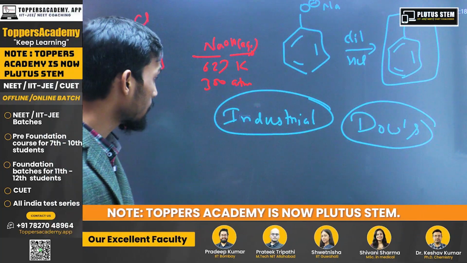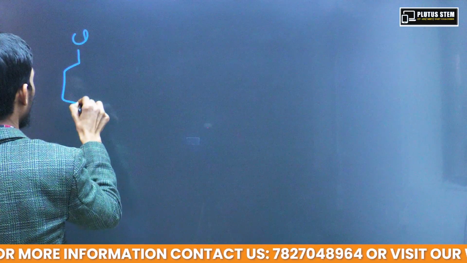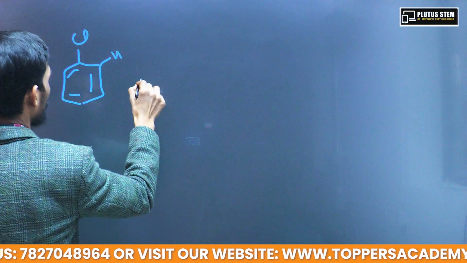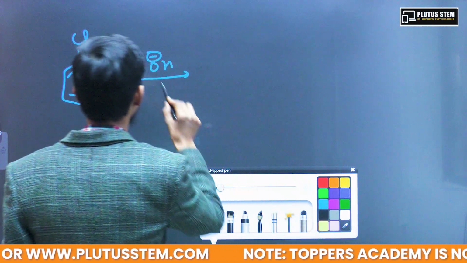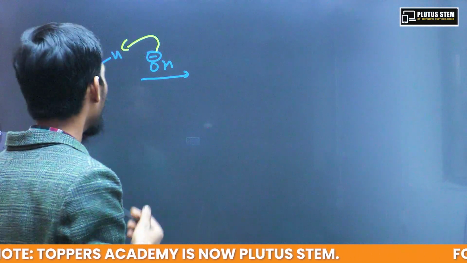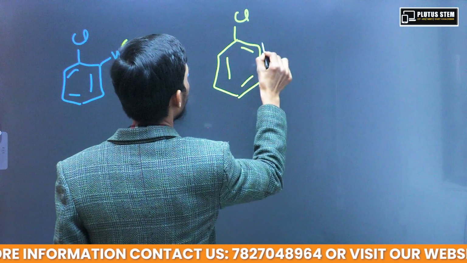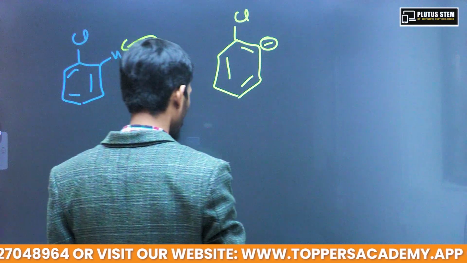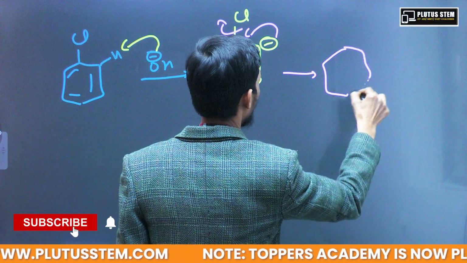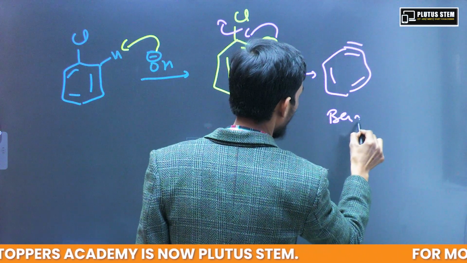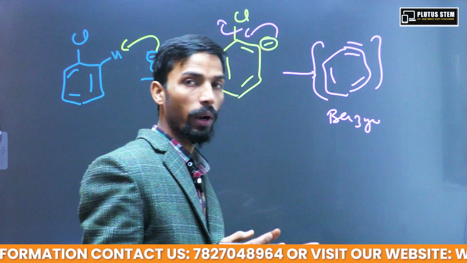If you get into the mechanism of how this special reaction proceeds, we have OH negative here. It will abstract the proton from here, so a negative charge will develop here, and this negative charge gives rise to the formation of benzyne. Benzyne, a very unstable intermediate, is formed through this process, and it can react with OH negative from either of the two sides.